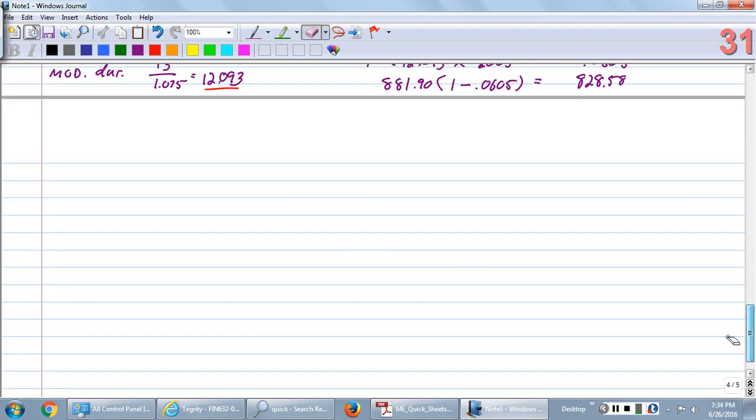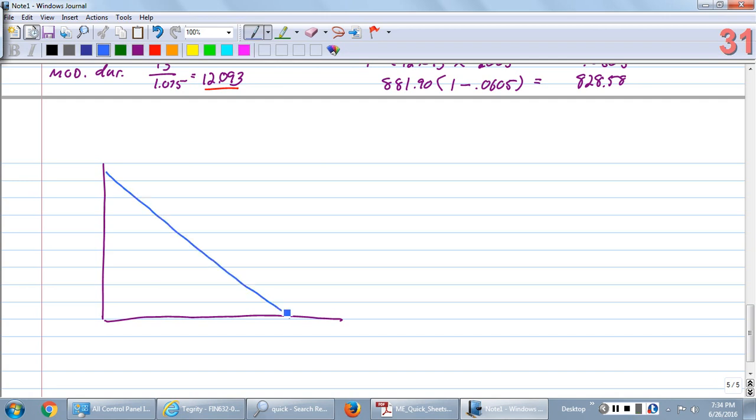So let me show you here what this looks like on a graph. I'm going to draw this blue diagonal line here. I'm going to put price on this axis, and I'm going to put yield on this axis. And let's start with our original bond. Our original bond was priced to yield 7.5%, and we said that the bond was worth $881.90.